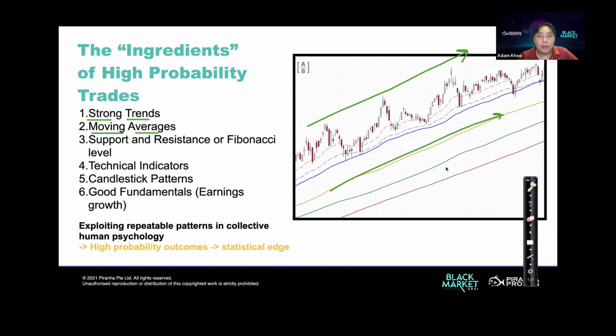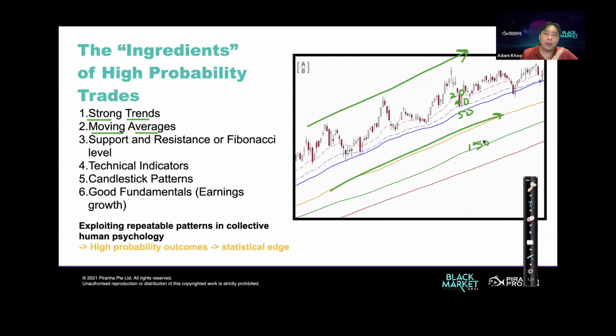These are moving averages. The red dotted line is the 20 exponential moving average, the 20 EMA. The blue dotted line is the 40 exponential moving average. This thick blue line is the 50 simple moving average, and the green line is the 150 simple moving average.